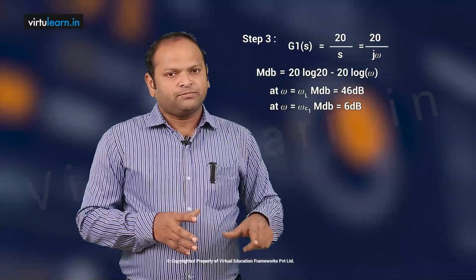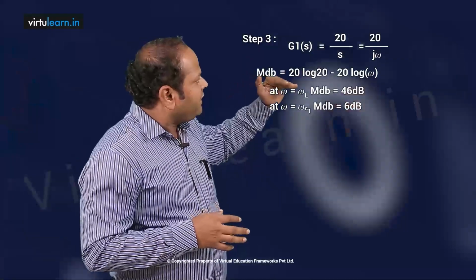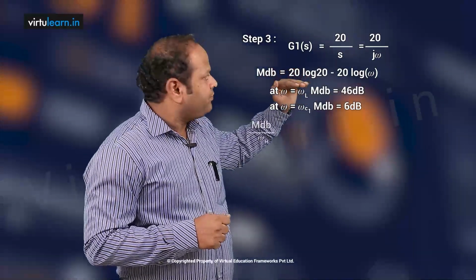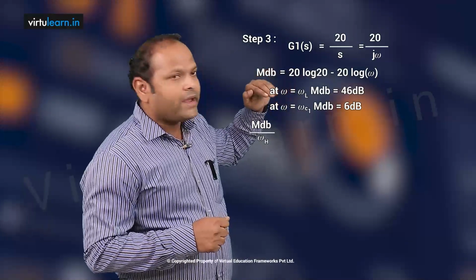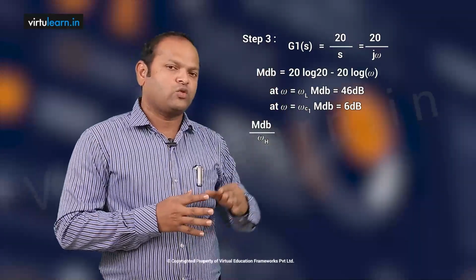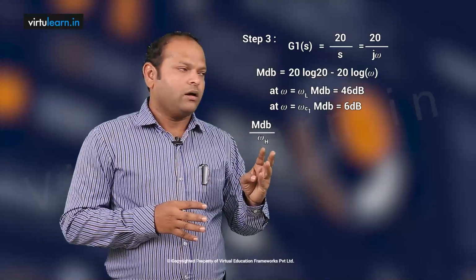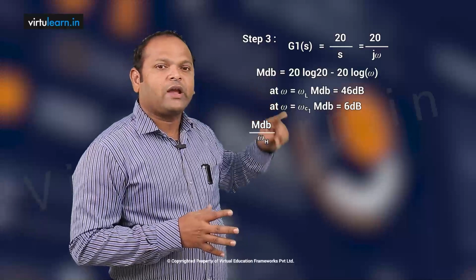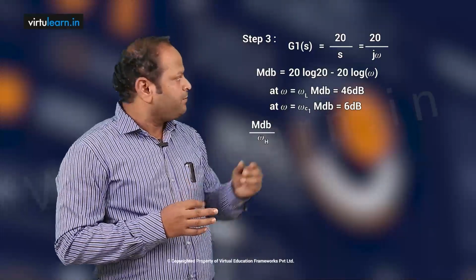So the next is we need to calculate the MdB value at omega h, because omega L and omega c1 are over. Now we need to take omega h. We know the formula.